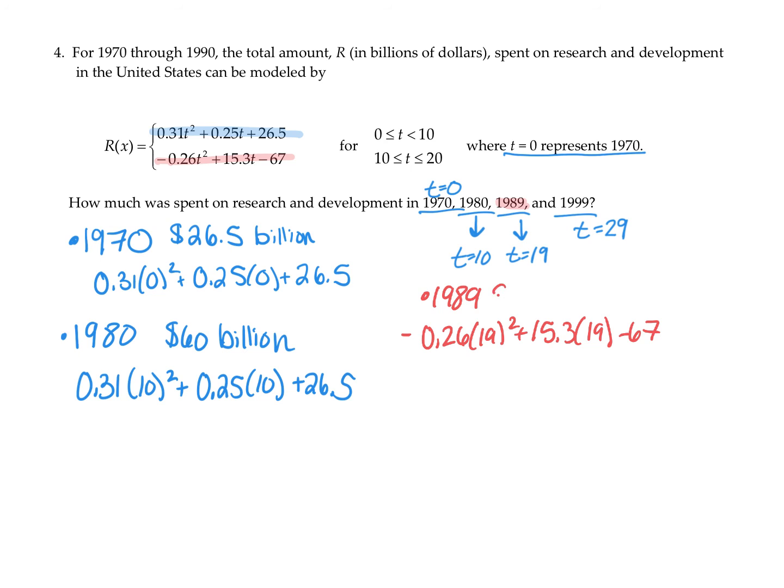I'm going to get $129.84 billion. And for 1999, well, 1999 we said was going to be T equals 29. Well, the second equation only goes up to 20. So for 1999, we cannot predict this because it's not part of our piecewise.